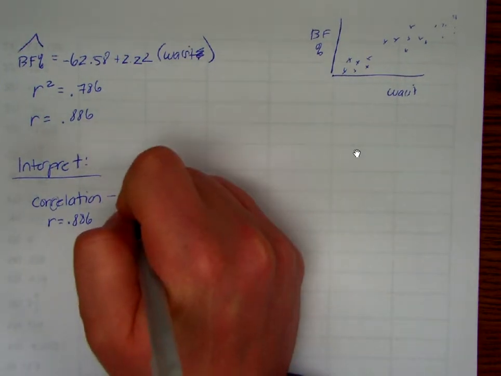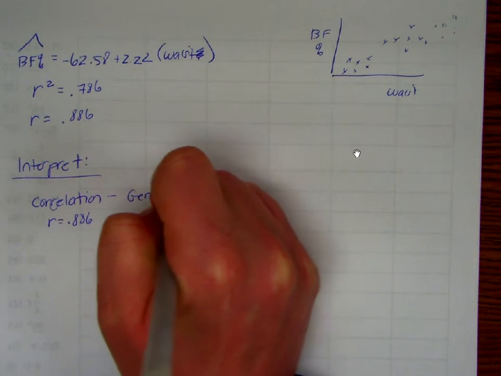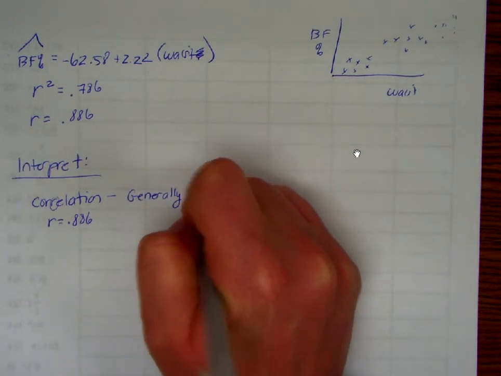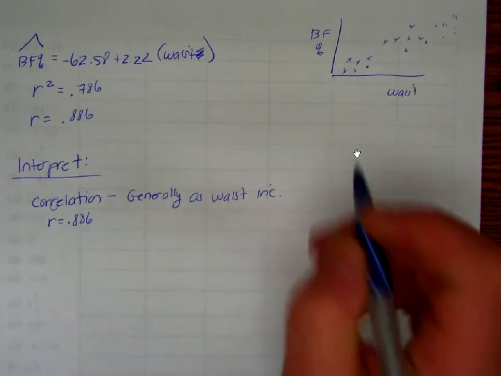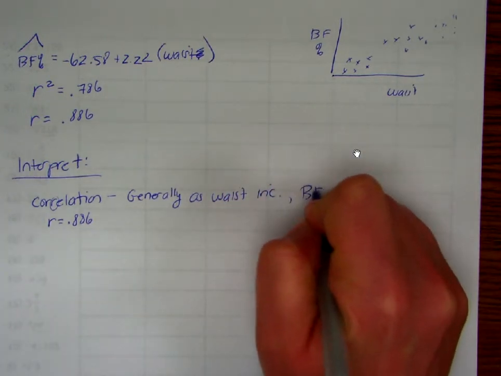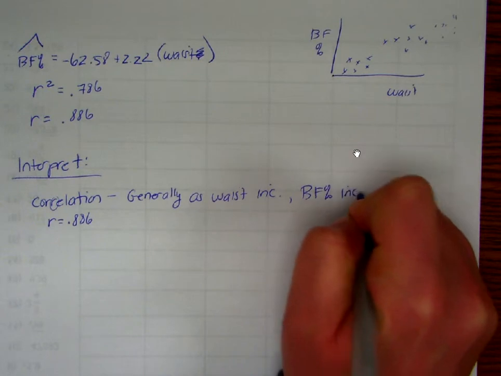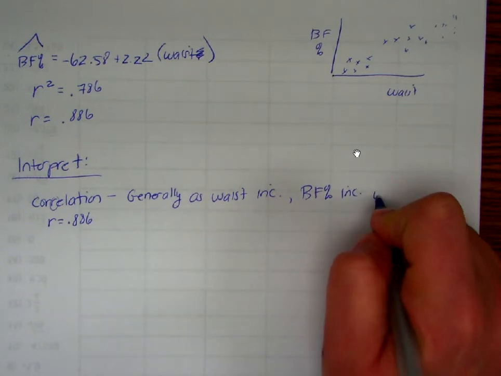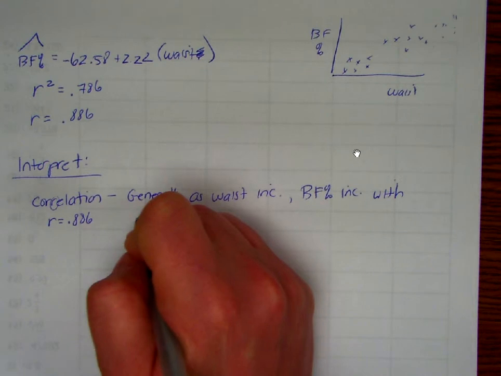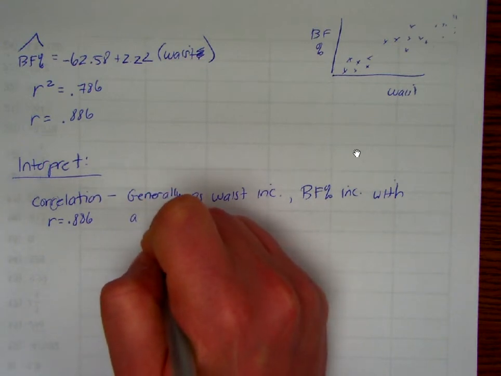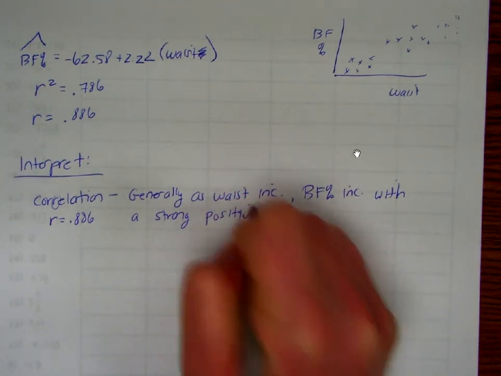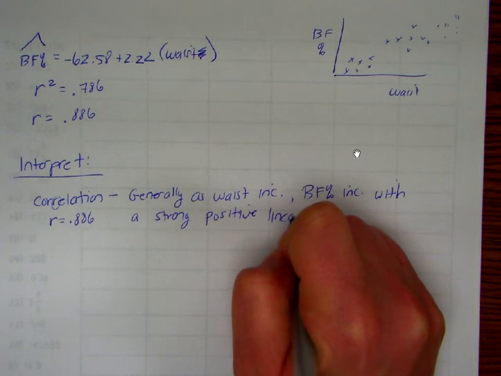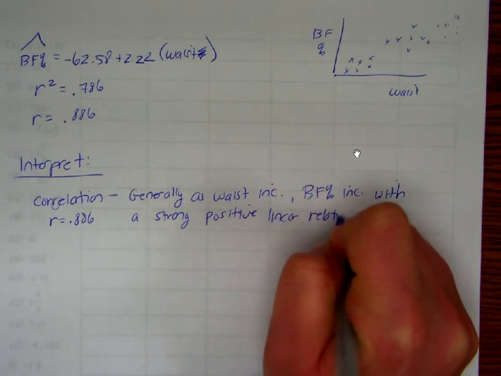Generally, as waist increases, body fat percent increases with a strong positive linear relationship.